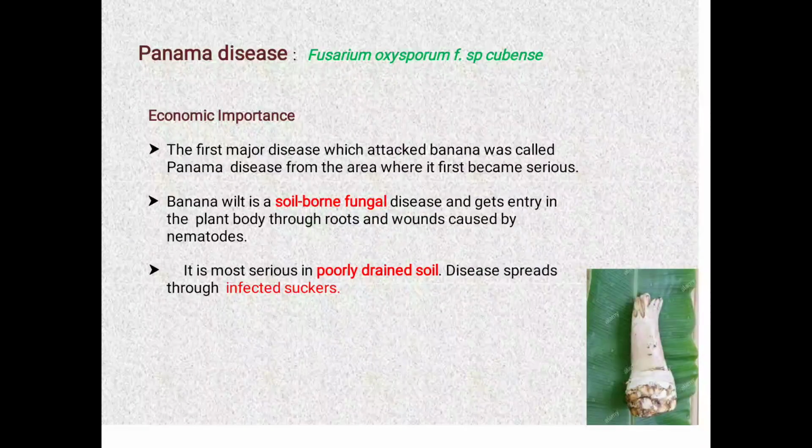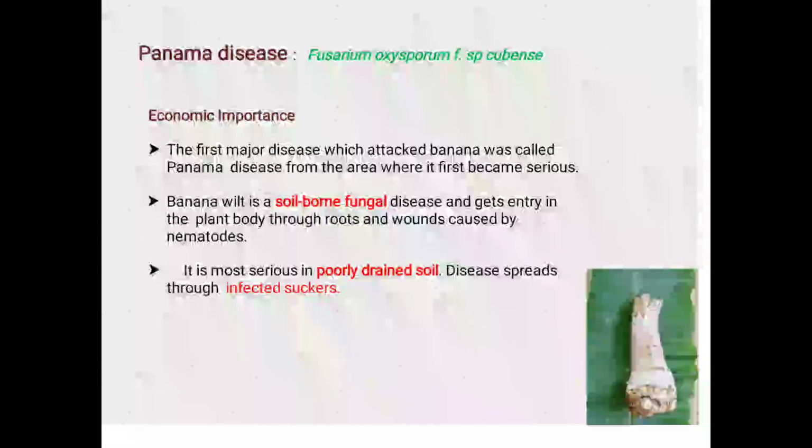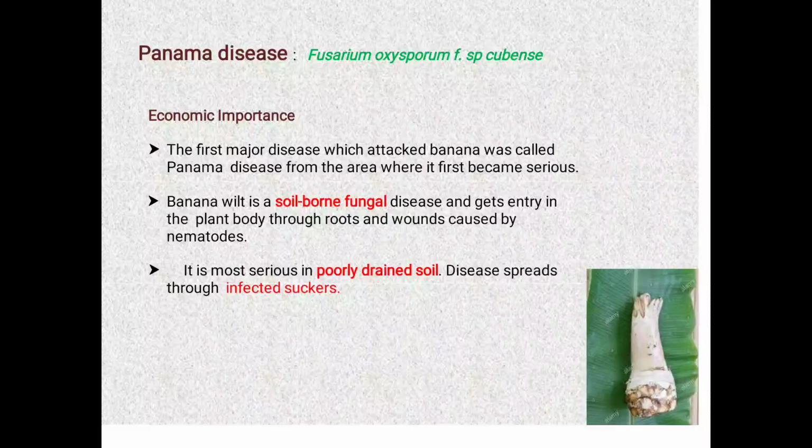This fungus gets entry into the plants by means of roots and wounds caused by nematodes. It is most serious in poorly drained soil, where there is waterlogging; there the soil-borne fungus Fusarium can grow very rapidly and cause further infection.